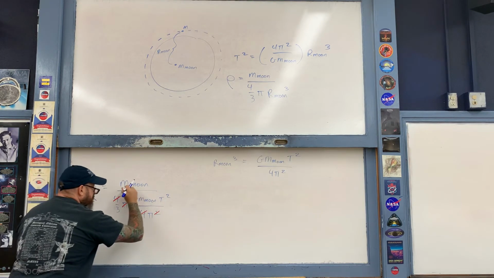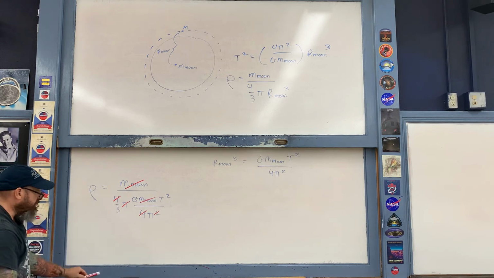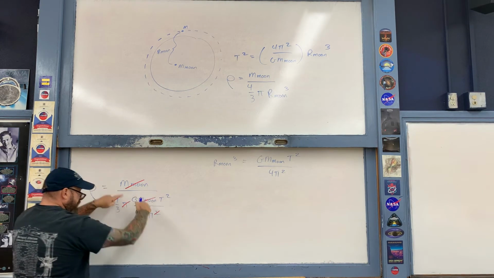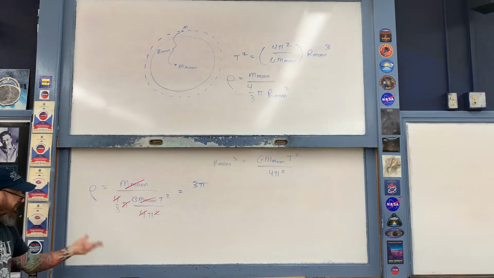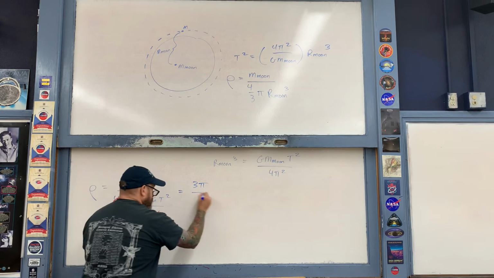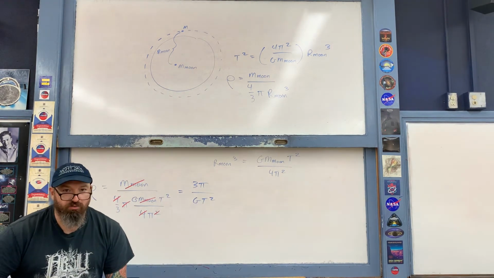And then the mass of the moon cancels here and here, like so. Now let's move some terms around. Right here is a 3 pi. Take the 3 pi and move it up to the numerator, like so. And then all that remains in the denominator is G T squared, like so, which is what we were asked to derive.